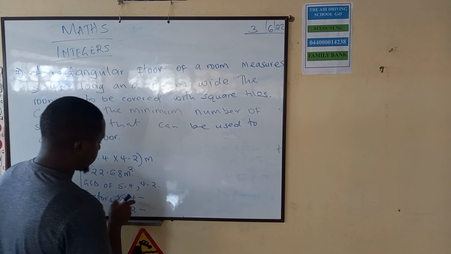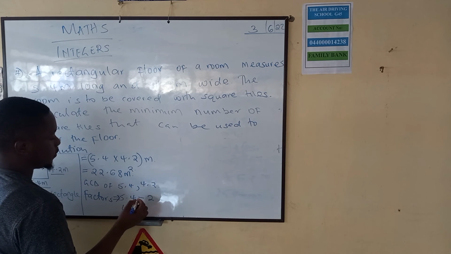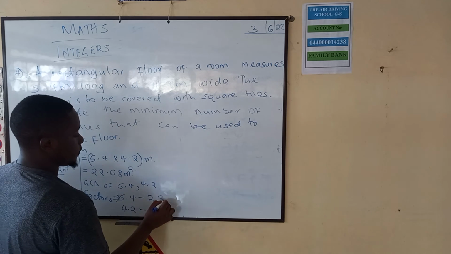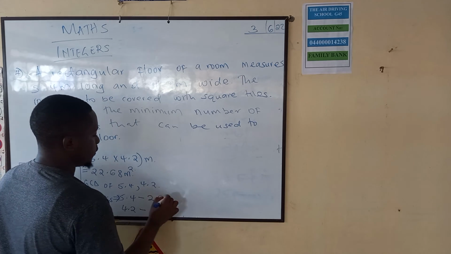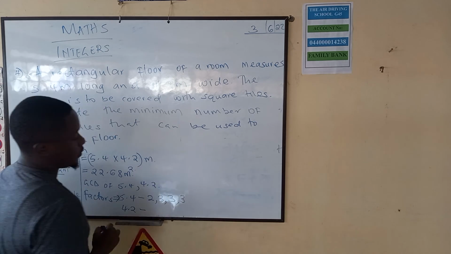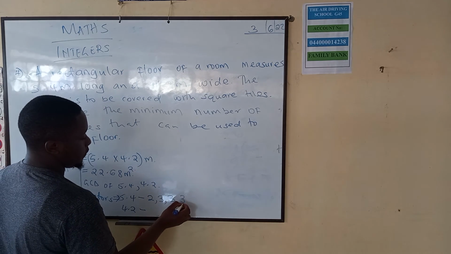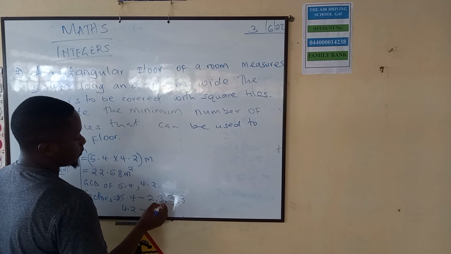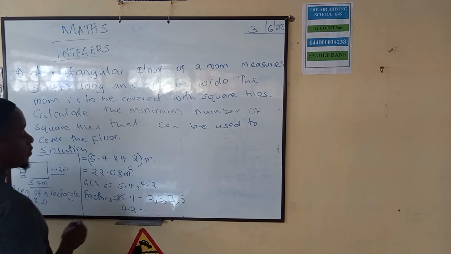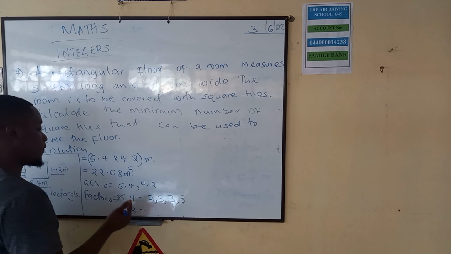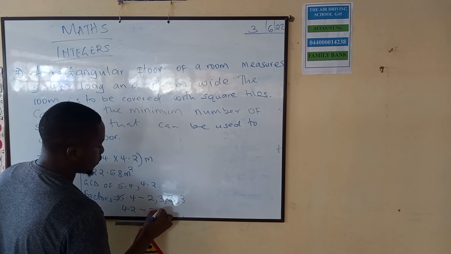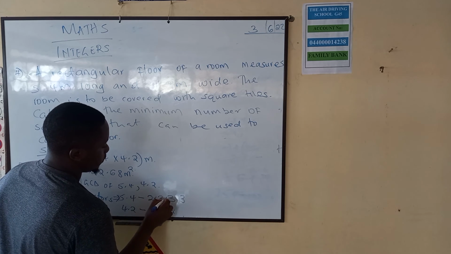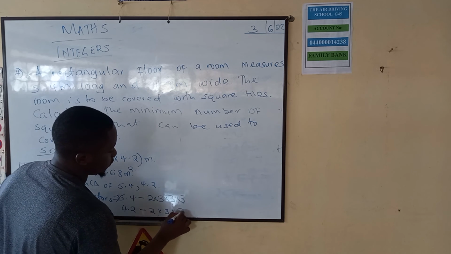So we'll have 2 first to make it 2.7, then 3. Let's confirm this. 3 times 3 is 9, 9 times 3 is 27, 27 times 2 is 54. And here will be 2 times 3 times 7.